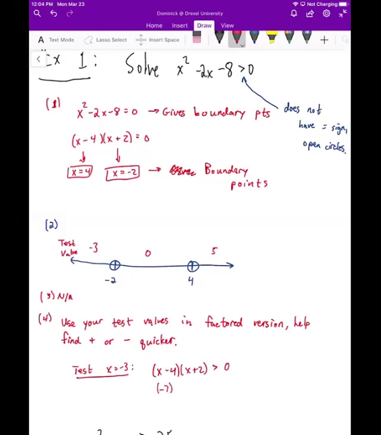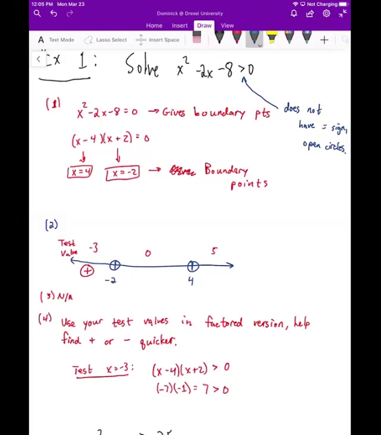If I plug in -3 into the second part, we get -3 plus 2, so a -1. Now, -7 times -1 is +7, but more importantly, that's positive. So since this part is positive, we will ultimately include that in our final answer.